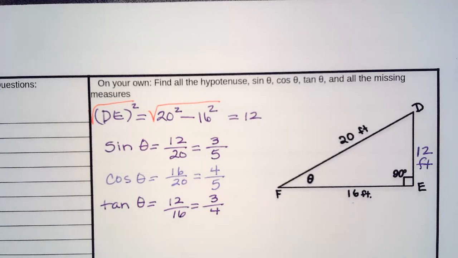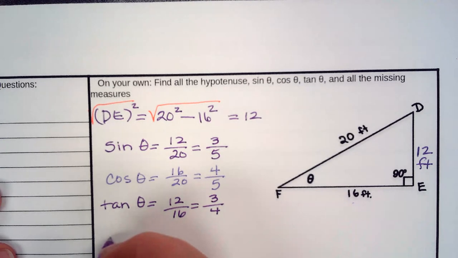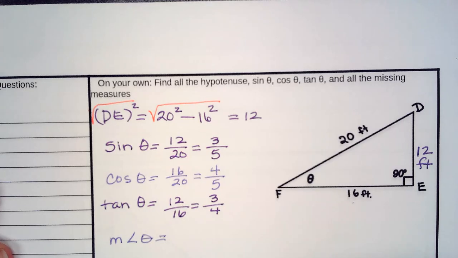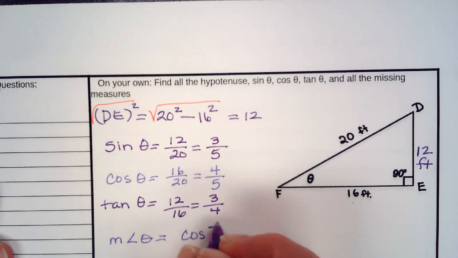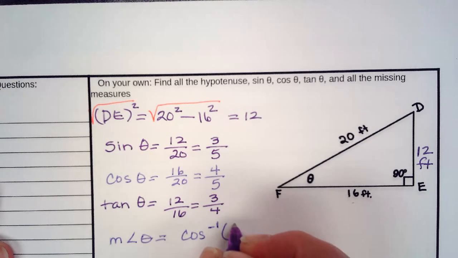So, how do I find the measure of angle theta? Do I want to use sine, cosine, or tangent? Does not matter. Let's use cosine, because we haven't used cosine inverse. This will be 4 over 5.